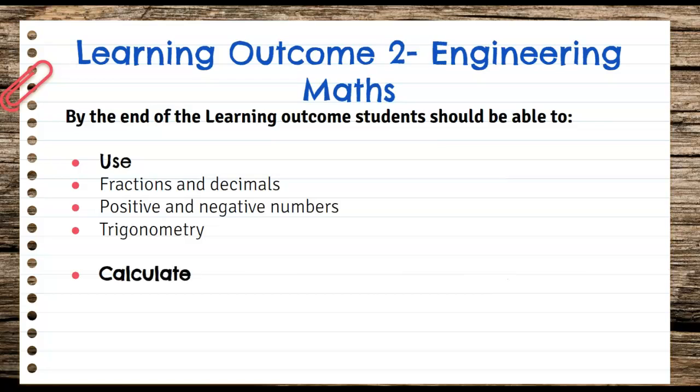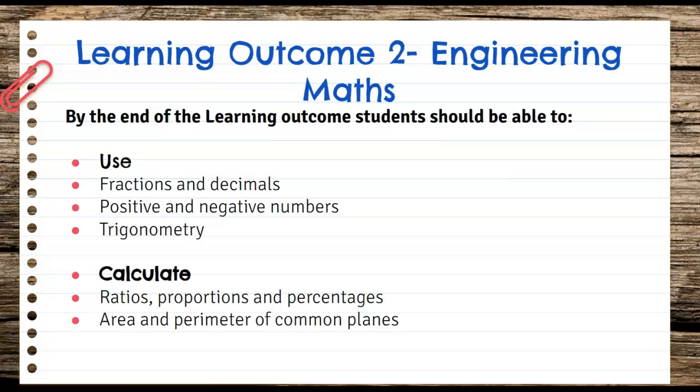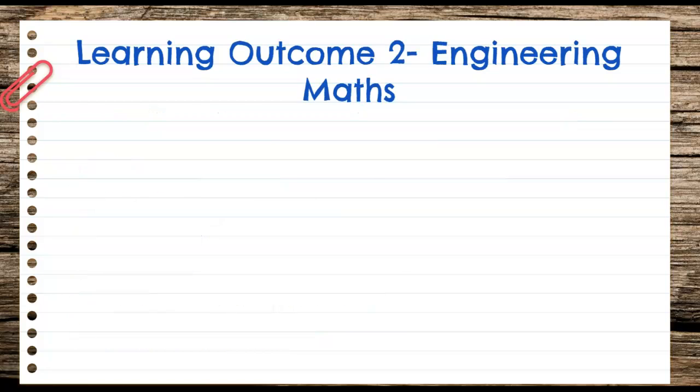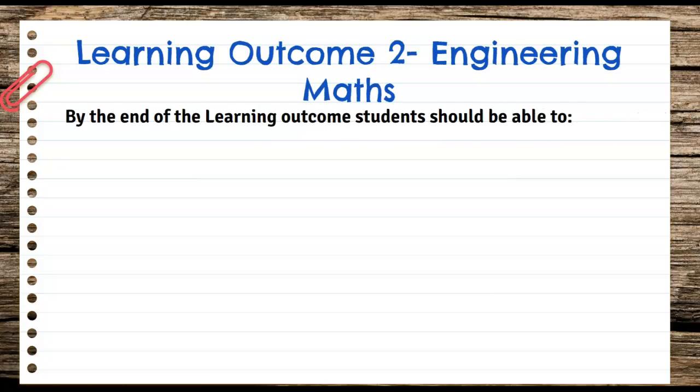Should be able to calculate the following: ratios, proportions and percentages, area and perimeter of common planes, volume of common shapes. You should also be able to do the following. You need to solve simple equations by substitution.